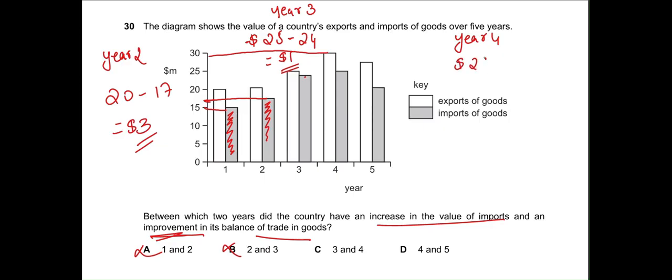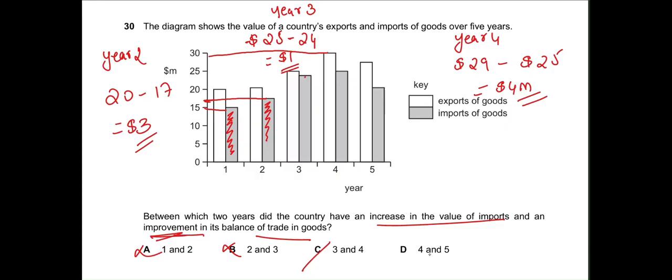So $29 million has been exported, whereas my import is $25 million. So here there is a clear cut improvement of $4 million in year 4. So yes, I feel years 3 and 4 is more appropriate.